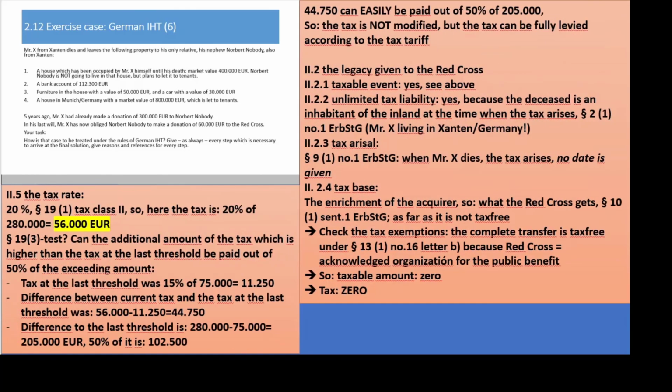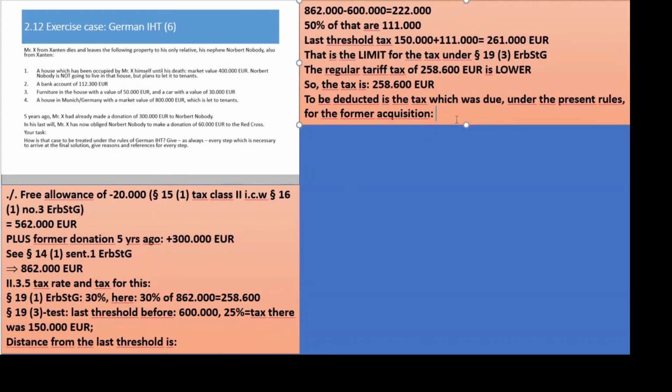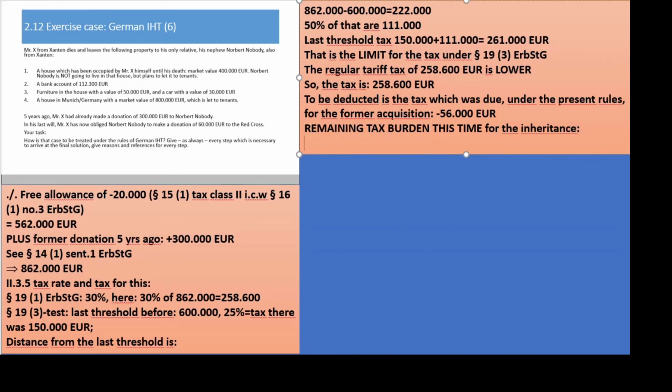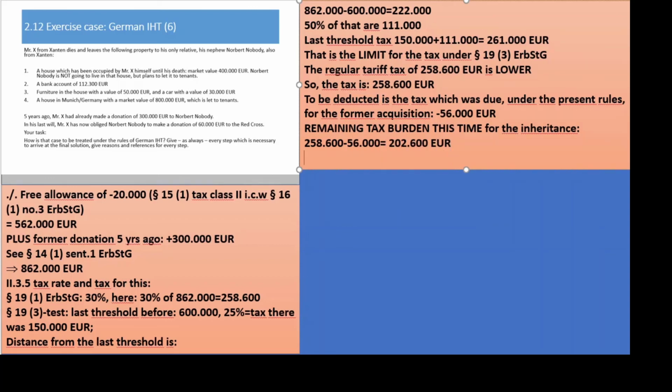The inheritance, no, that was 56,000. So 56,000 euro have already been taken. So the remaining tax burden this time for the inheritance is 202,600 euro. Case finished and closed.